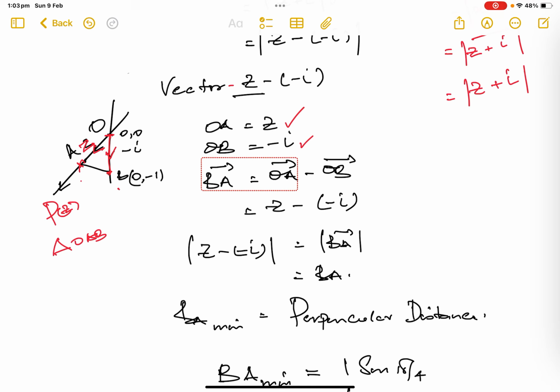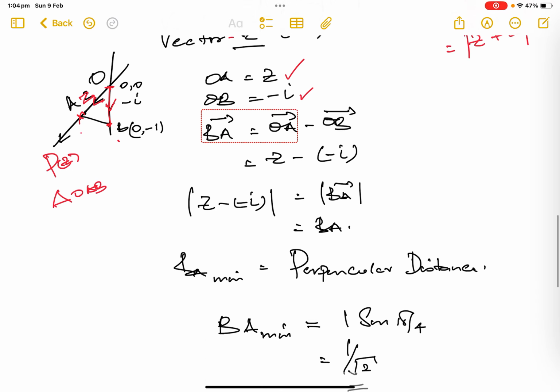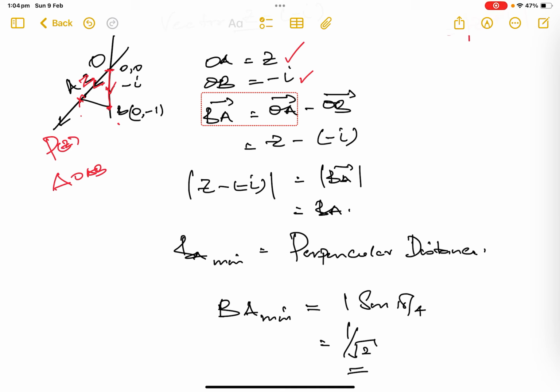So OA is z, minus OB is minus i. So the modulus of z minus minus i is equal to the modulus of that vector, which is BA.